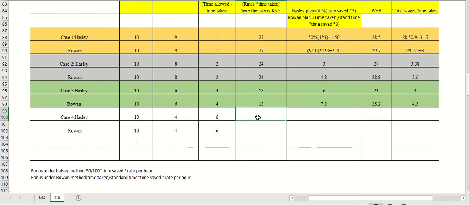So your wages is equal to time taken into rates. 4 into 3, 12. 4 into 3, 12. And your bonus under the Halsey method is 50% of time saved, which is 6 into 3. 6 3s are 18 into 50%, which you will get 9 rupees.